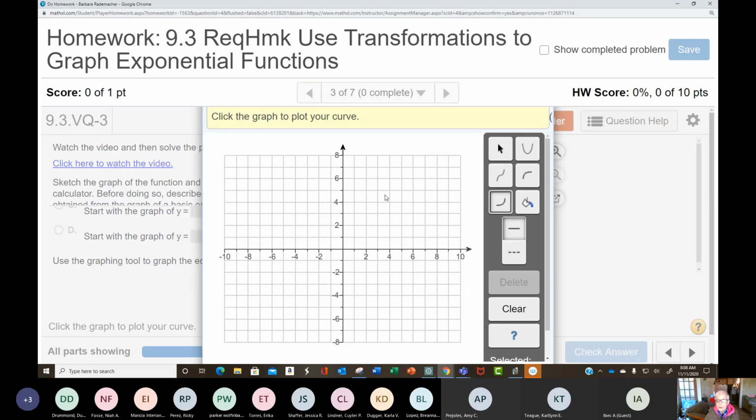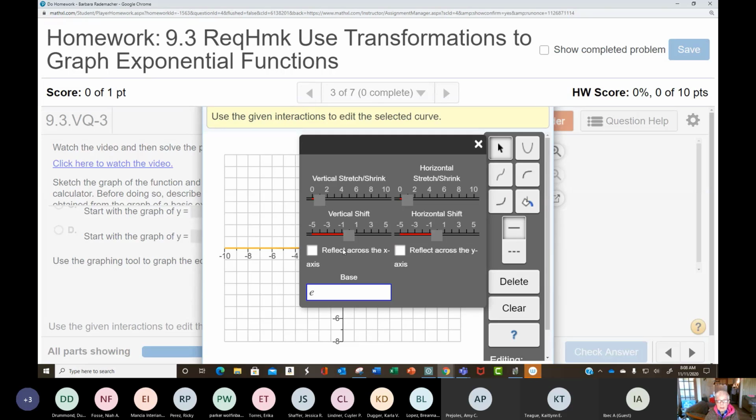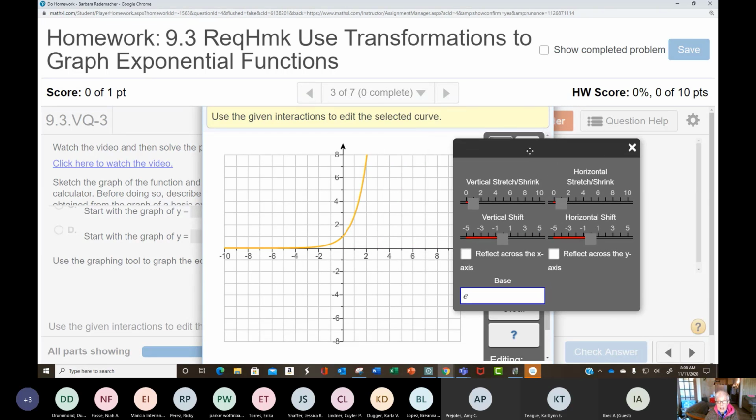Then it doesn't matter where I click here, so I usually click at the center. This is the basic graph y equals 2 to the x. Actually, it's not. It's the basic graph y equals e to the x. We're going to have to change that. Let's change it right now.